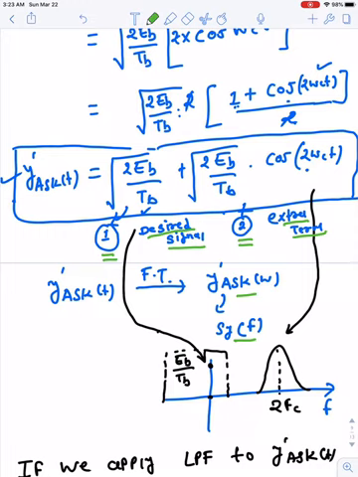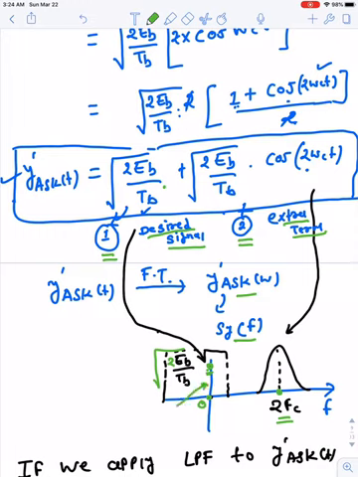For better analysis, if we take the Fourier transform of this and draw the power spectral density of the y dash ask of t signal, then we can find this cos 2 omega ct term is located somewhere here at the frequency of 2fc, and the other term is a pure DC term, there is no carrier part, so it is located at the 0 point here. At this 0, this term is the square root of 2 Eb by Tb, right?